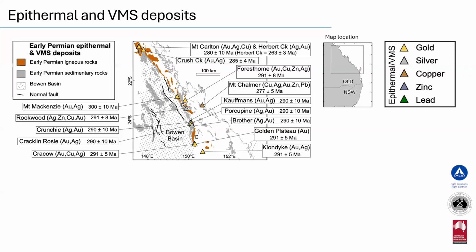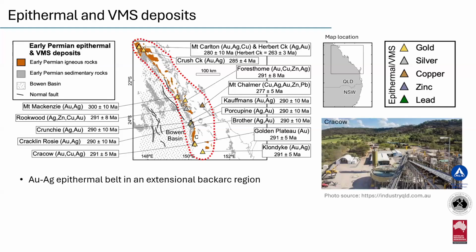It seems to be both spatially and temporally related to the extension that created the Boyne Basin. They occur at the margin of the Boyne Basin, related to some of those volcanics that sit at the base of the Boyne Basin.